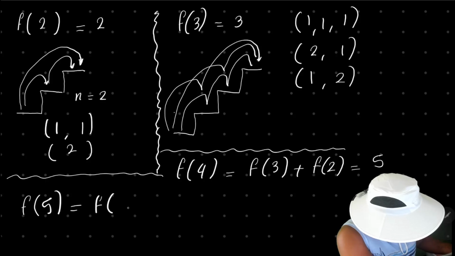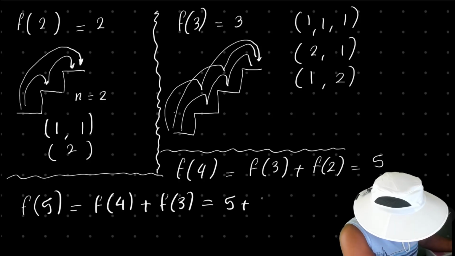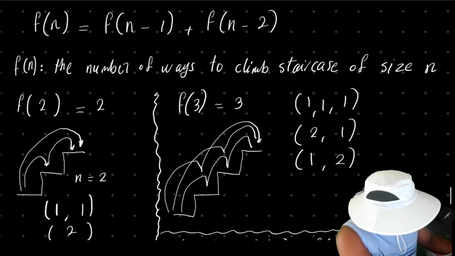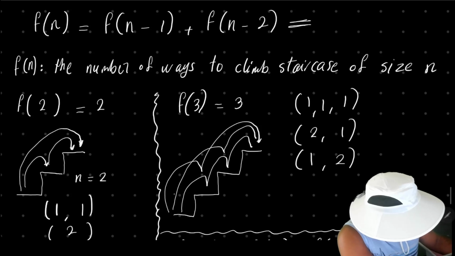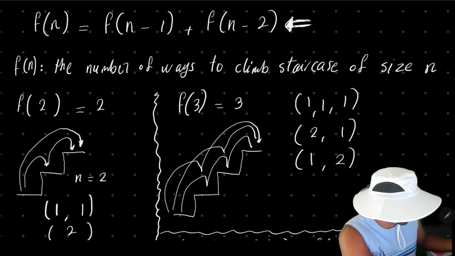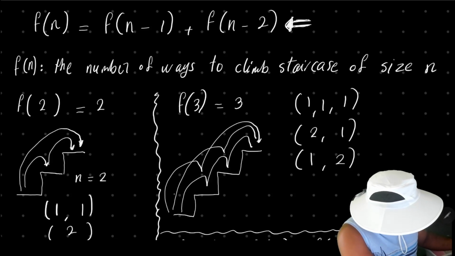It will be f of 4 plus f of 3, f of 4 equals 5, f of 3 equals 3, you get 8. So basically, I'm just applying what we discovered in the last video. If you're trying to understand where that formula came from, watch the last video, where I derive that formula from scratch.